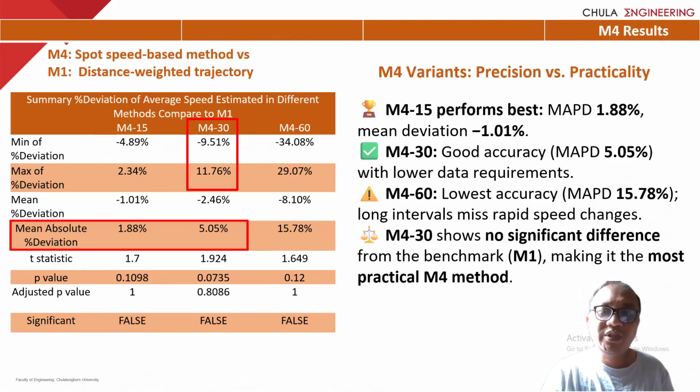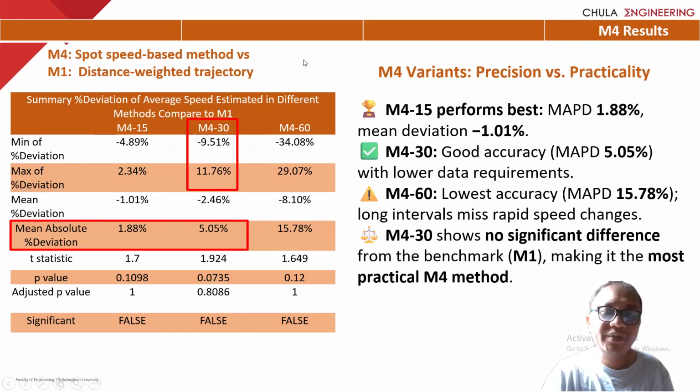Whereas M4-60, that is the 60-second interval, has the lowest accuracy. It is less preferred. If we compare M4-15 and M4-30, we can actually prefer M4-30 because it is statistically significant. Also, M4-15 is statistically significant. But M4-30, the 30-second sub-interval, takes fewer samples compared to the 15-second aggregation.